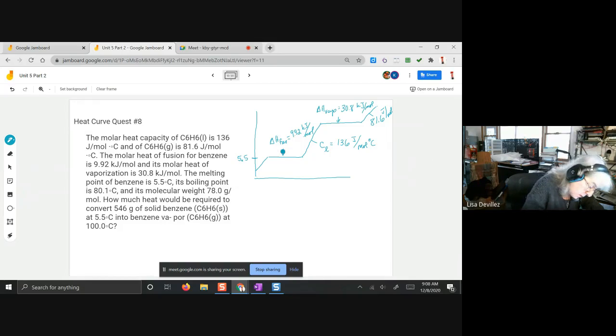It says the melting point is 5.5. Boiling point is 80.1. Molecular weight is 78 grams per mole.